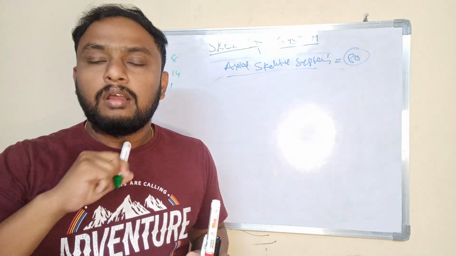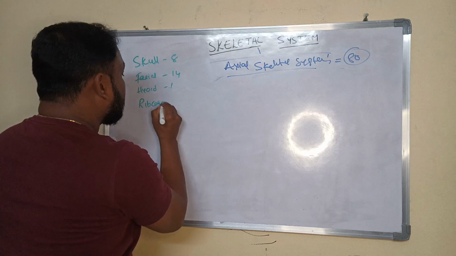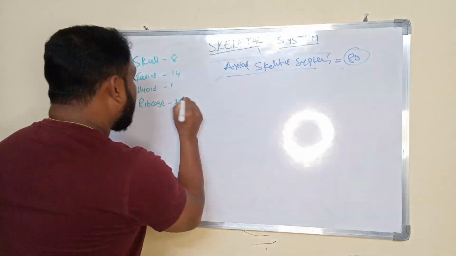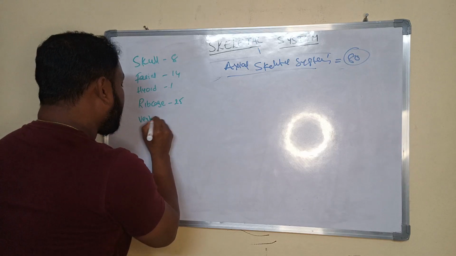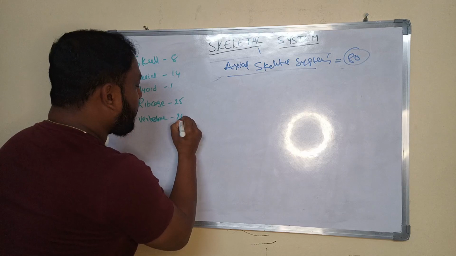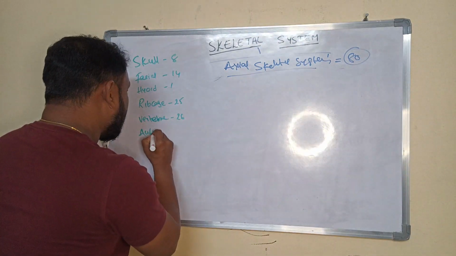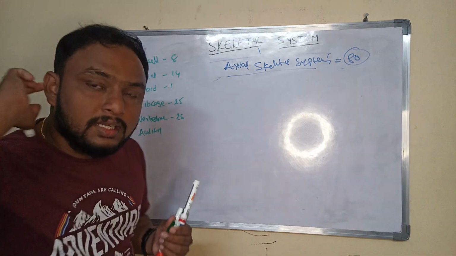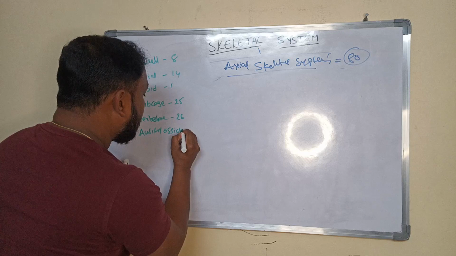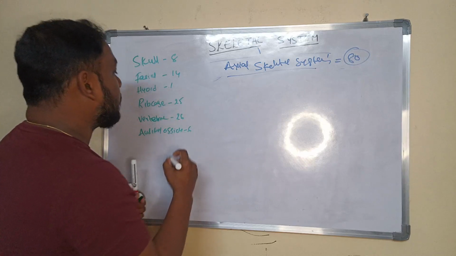Then the rib cage: 24 ribs plus 1 sternum, total 25. Vertebral bones, 26. And auditory ossicles, the auditory bones present in the ears, 6 bones in total.